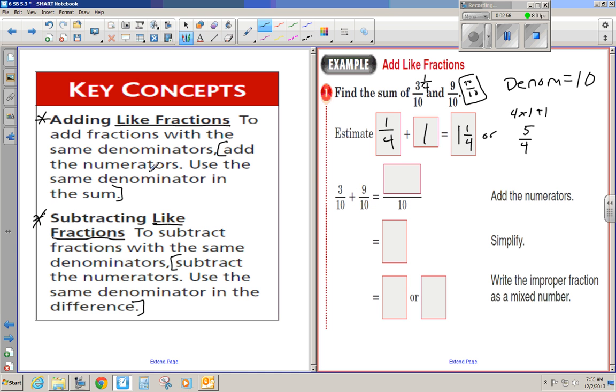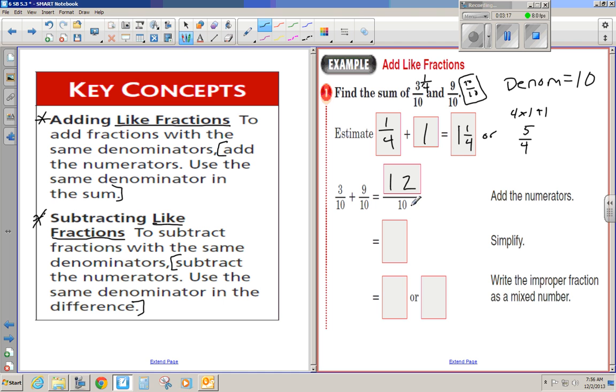All right, now let's work on this. 3/10 plus 9/10, you follow the adding steps, so that should be 11/10 because you add the numerators. Oh, I'm sorry, not 11/10. I don't know what I'm doing today. 12/10, so it's the number 12. 3 plus 9 is 12.